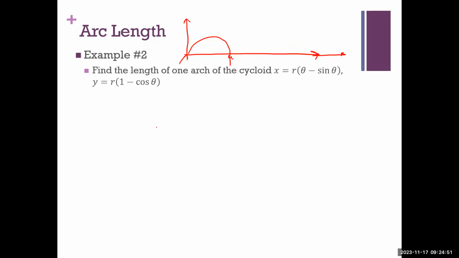So how do I set up the integral that does that? R is a constant. Yeah, so basically our length is going to be in terms of R. So how do I set this up from here?